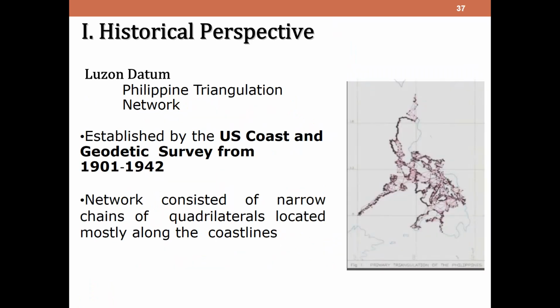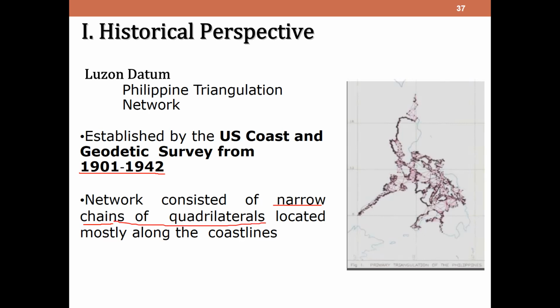Another fact about the Luzon Datum: it is a Philippine triangulation network that was established by the USCGS from 1901 to 1942. The network consisted of narrow chains of quadrilaterals.